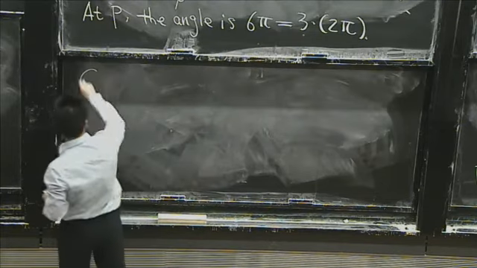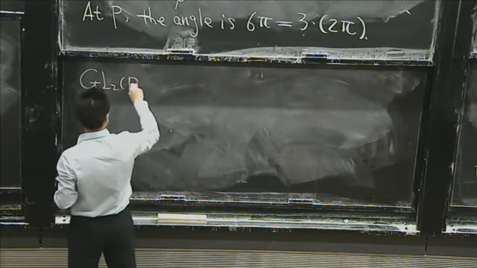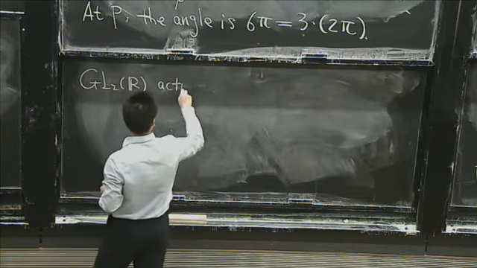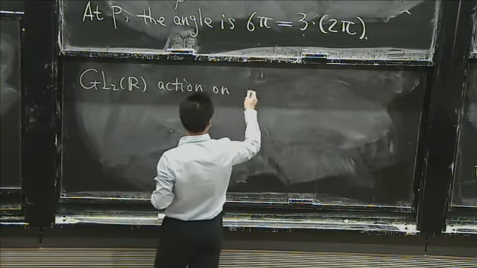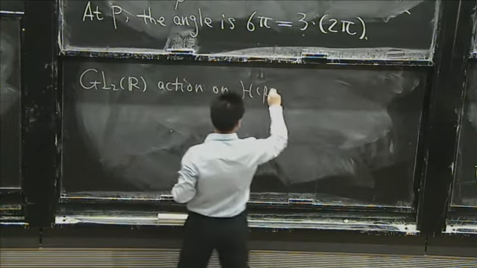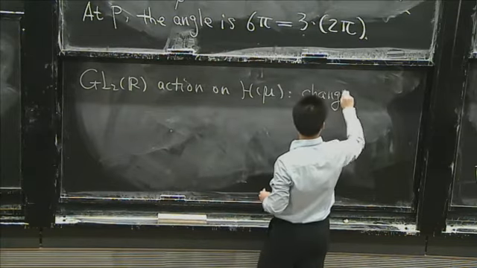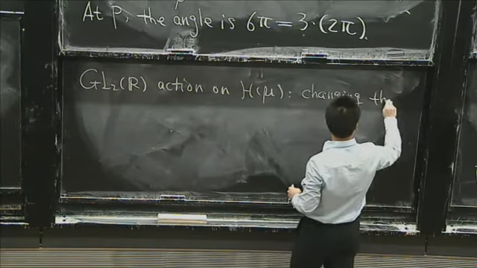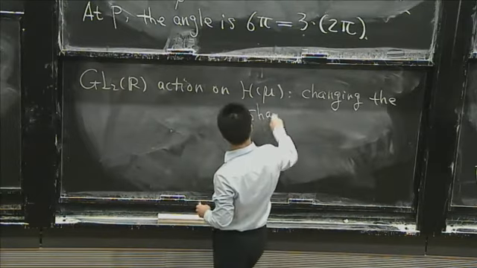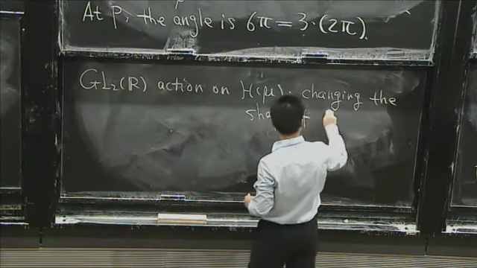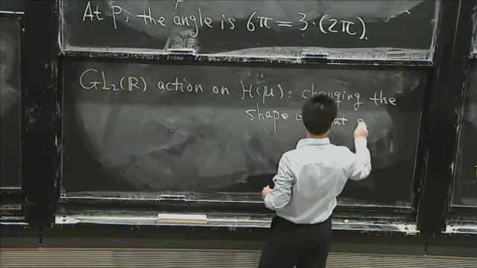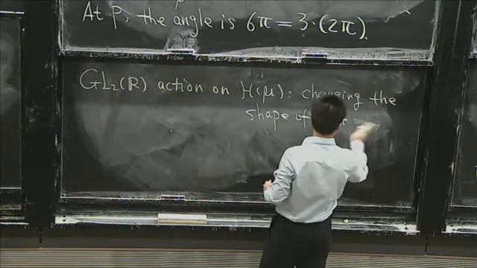And there is a GL2 action on each stratum H mu, just basically by changing the shape of the polygons, or the flat structures, the flat surfaces.